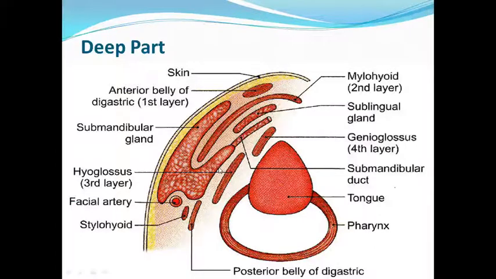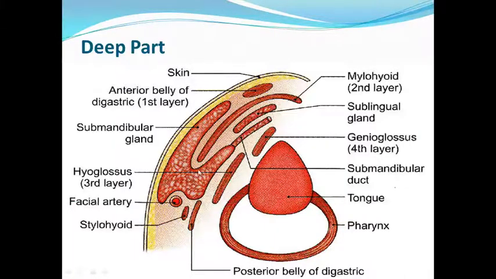Okay, now what more we can see here, that posteriorly it is continuous with the superficial part around the posterior border of the mylohyoid muscle. I am talking about this region.